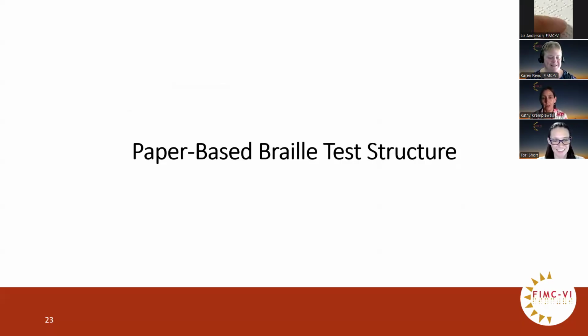All right, now we're going to get into the paper-based Braille test structure. Just to give you a little preface, during this presentation, we'll provide some examples and show the Braille. But to keep this presentation a reasonable length, examples are shown in contracted Braille and math examples are mostly shown in one math code or the other.